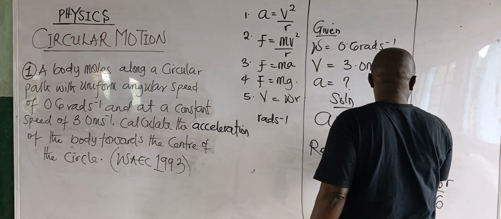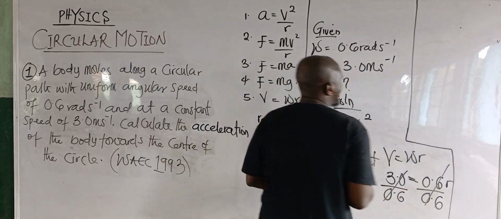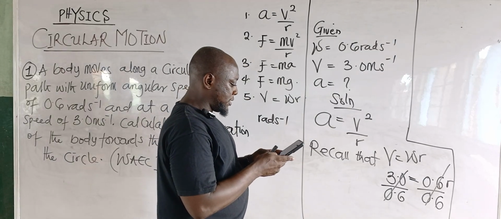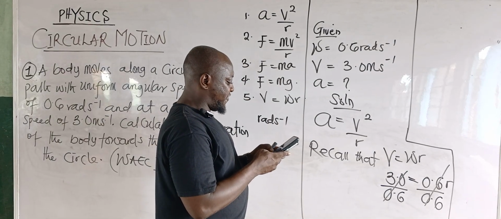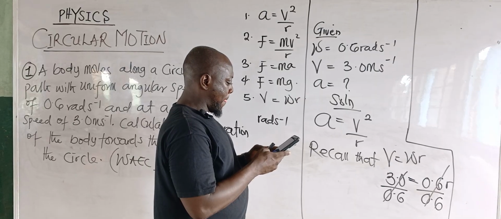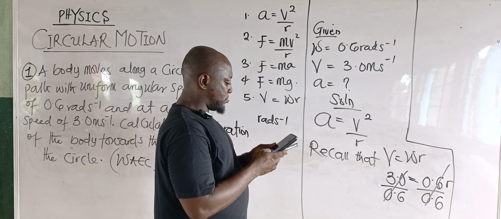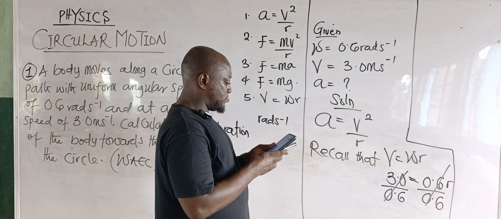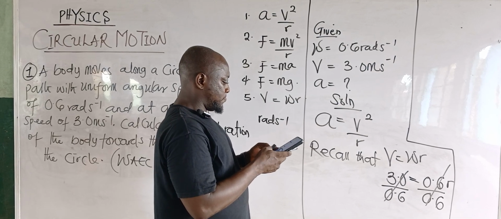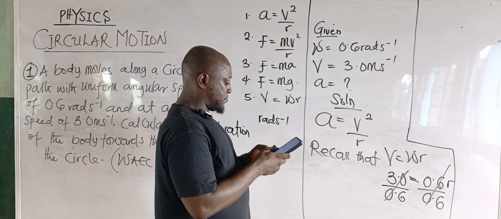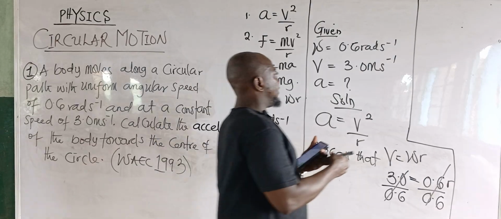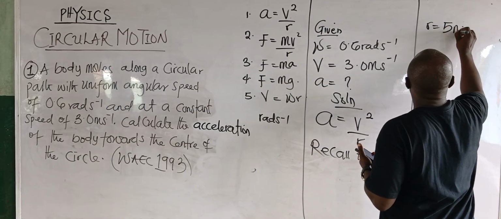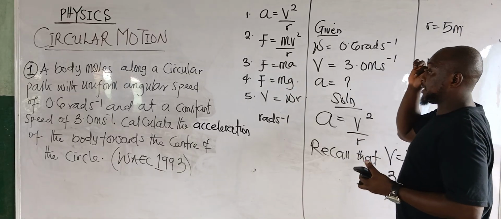Then our value becomes 5. So R here becomes 5 meters. So this is my R.